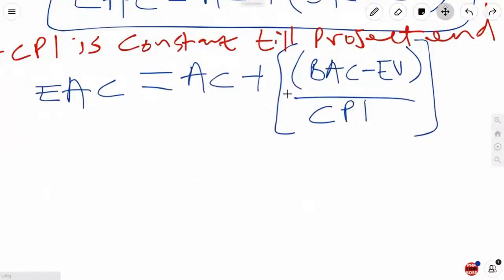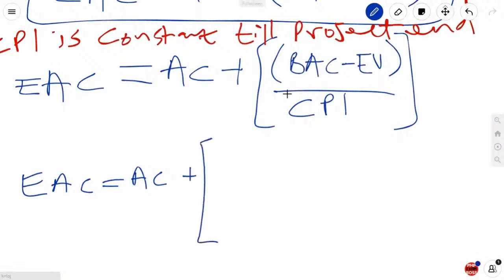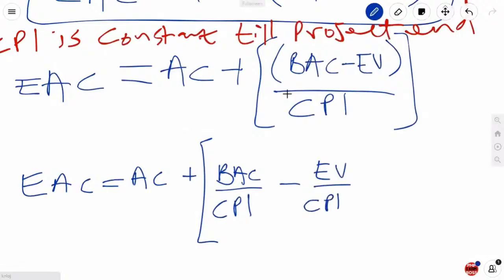So we're going to have EAC is equal to actual cost plus, let's break it down now, BAC divided by CPI minus EV divided by CPI. It's simple. Don't worry, we're going somewhere. I promise you I'm going to get you back on the wagon, okay, if you're lost. All right? I hope that makes sense.